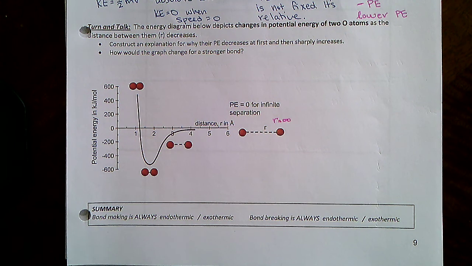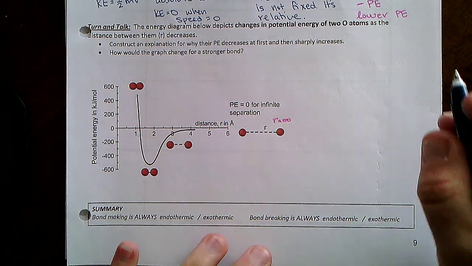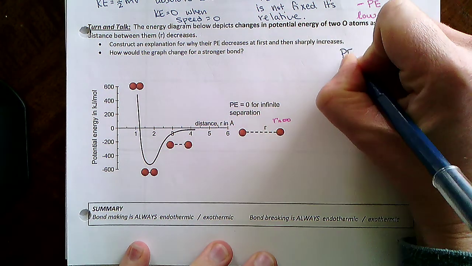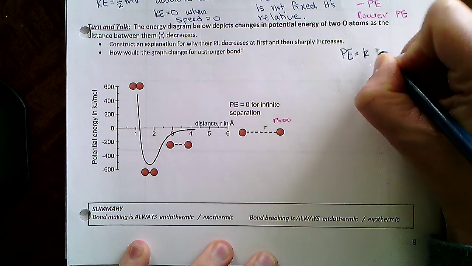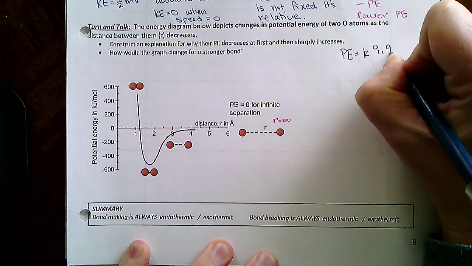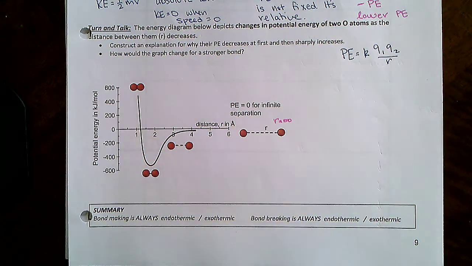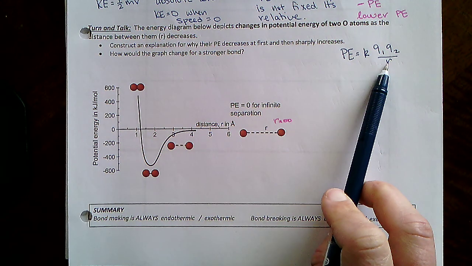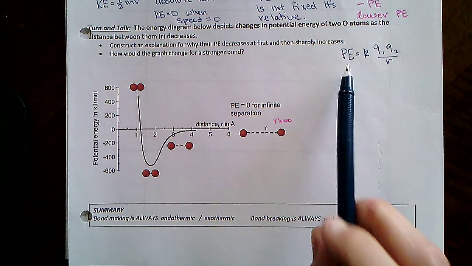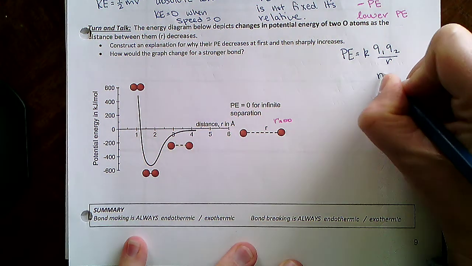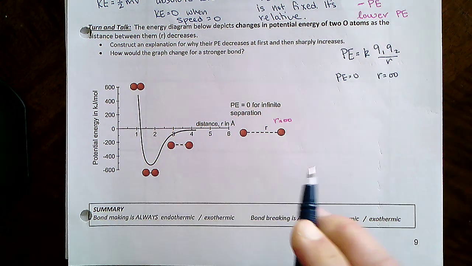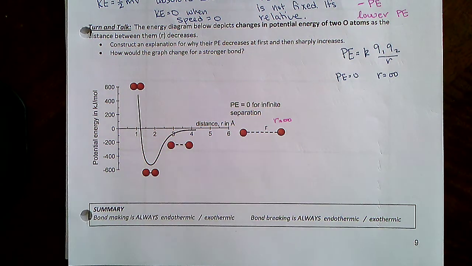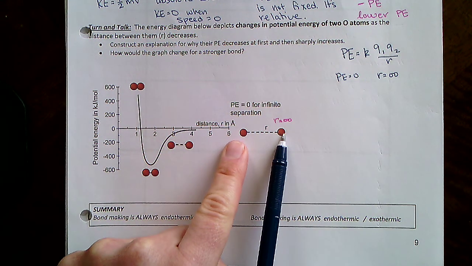Okay, welcome back. Hopefully you did that. I'm just going to remind us here, potential energy of attraction is some constant times Q1 times Q2 over r. And when r is infinity, the potential energy is 0. So these two atoms right here are infinitely far apart.